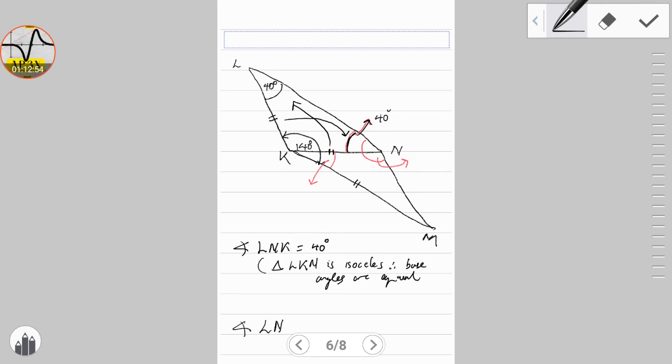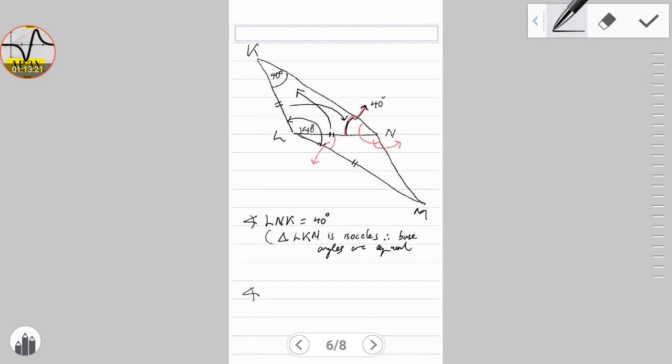I think this is supposed to be K and this is supposed to be L. So LNK is still this angle. Pardon me, guys, it's a little confusing here. So it's supposed to be NLM. Gotcha. NLM, we're looking for this angle down here.